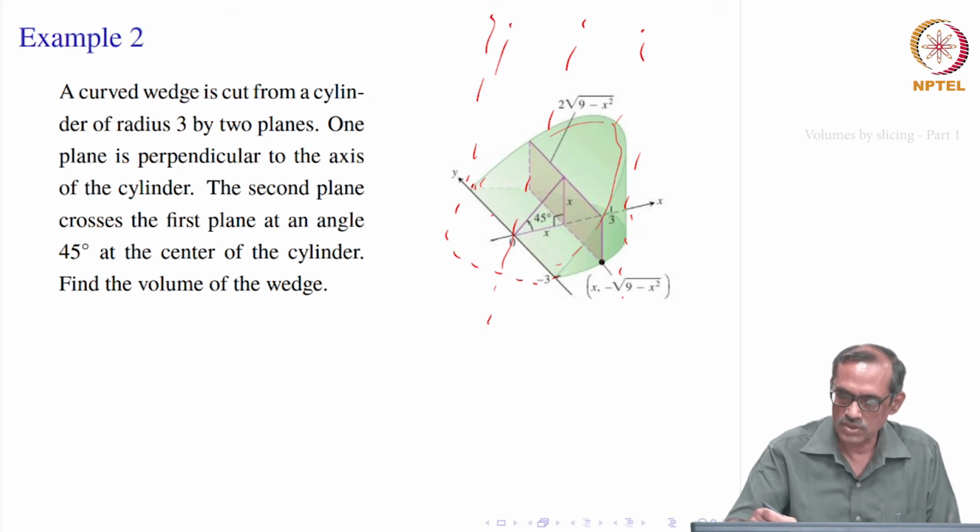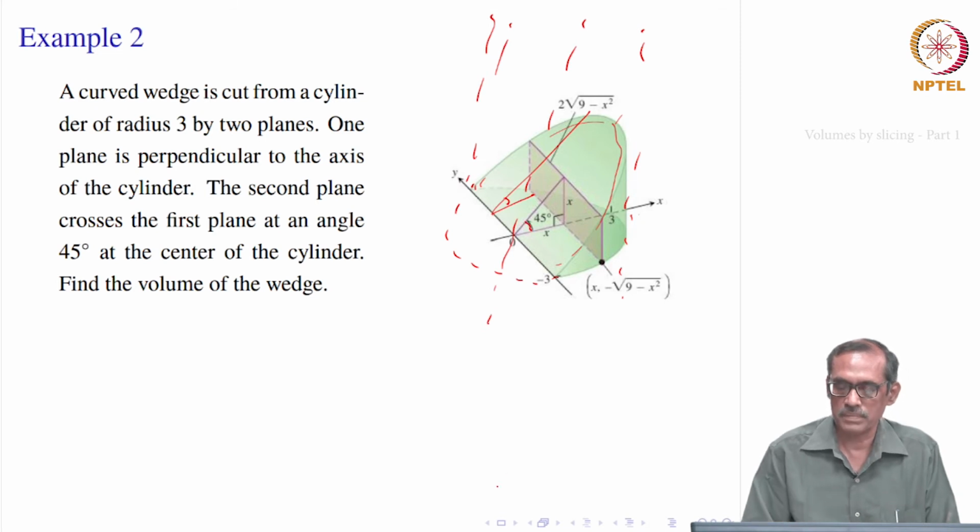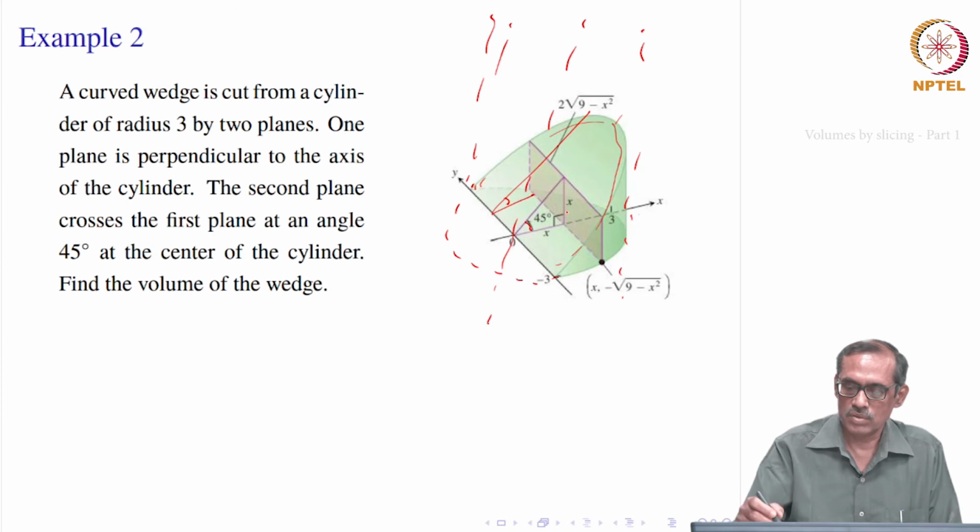If you take any straight line on this and any straight line down, that will be 45 degrees, which we wrote here. Then we want to find the volume of the wedge. So, it is one side only we get, the other side we do not get. Whatever is painted corresponds to this problem.